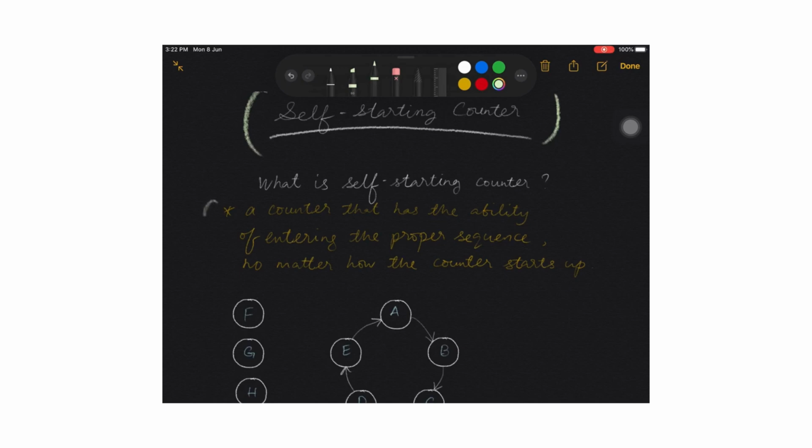That is a counter that has the ability of entering the proper sequence or the correct sequence no matter how the counter starts up.